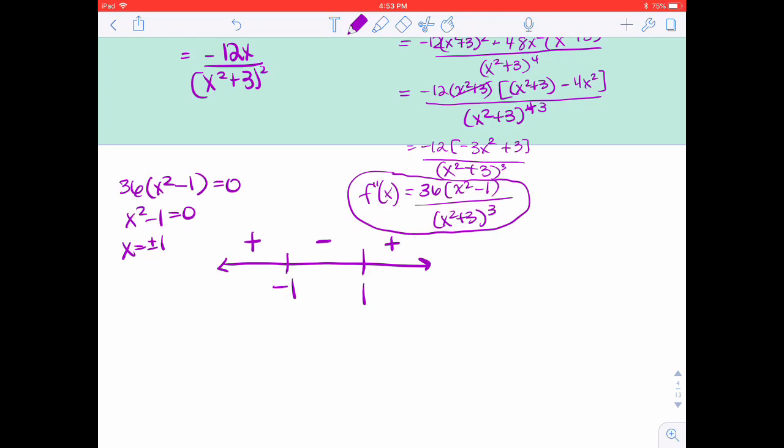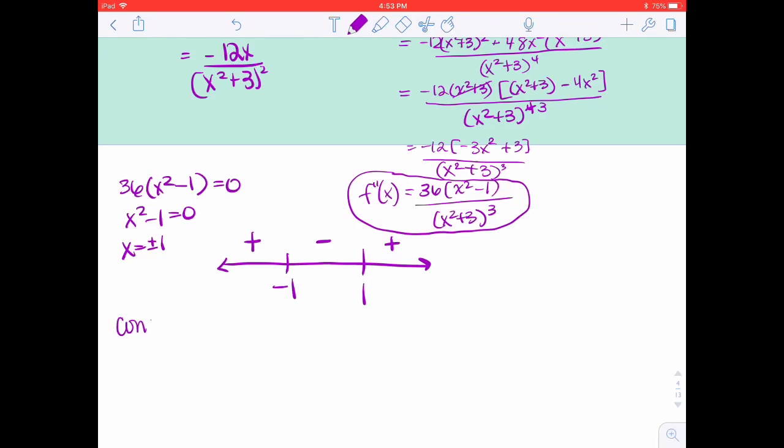Since it's positive in 2 places, that means that it's going to be concave up on those 2 intervals.